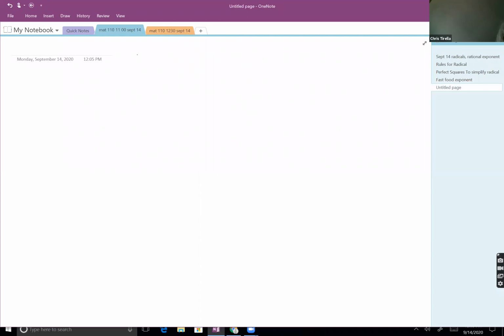Because we're going to try to add and subtract radical expressions. And just like addition, where we can only add like terms, you can only add like radicals.